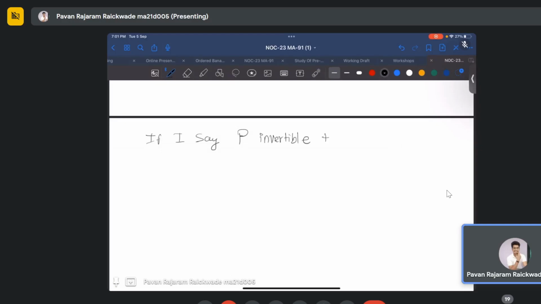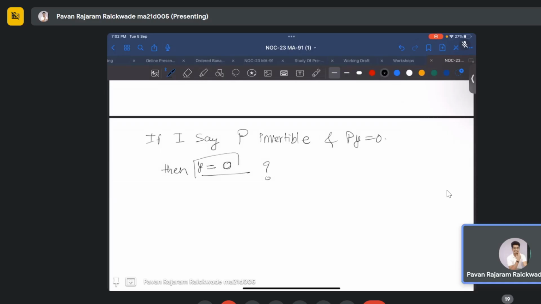If P is invertible and Py is 0, then what can you conclude about y? Y can be non-zero also? Y can be non-zero? Okay, 0 is the only solution, sir. Yeah, if the rank is full, then 0 is the only solution.